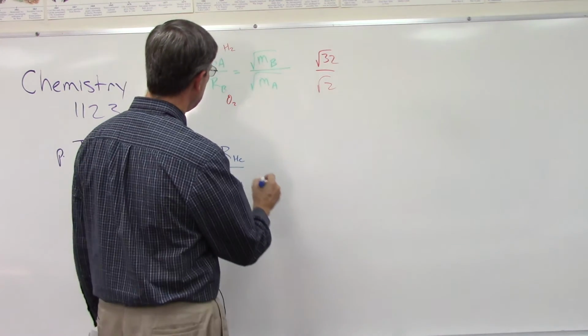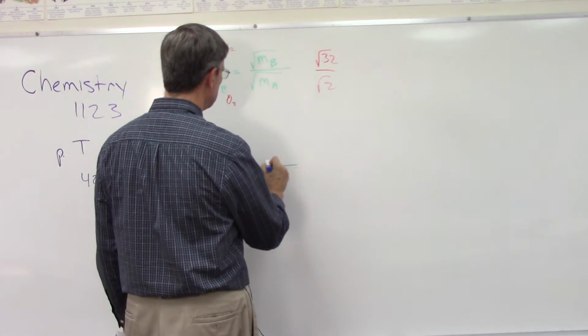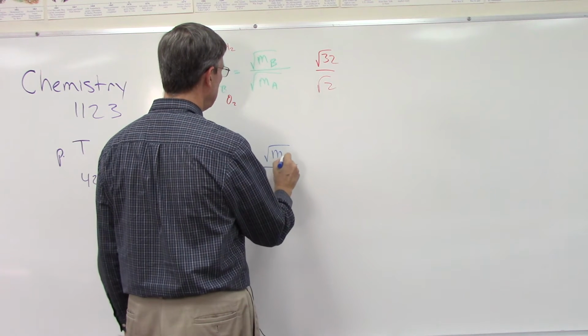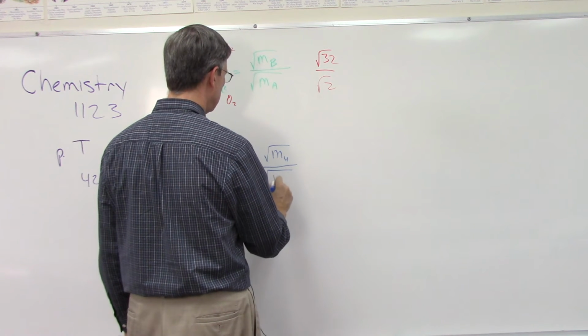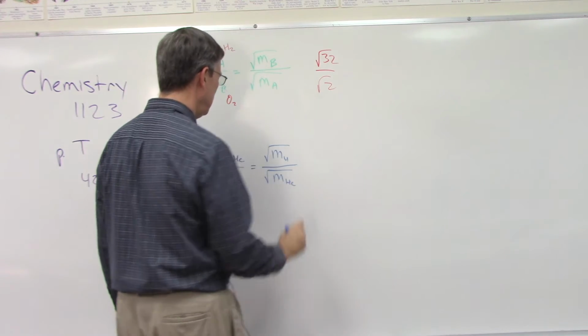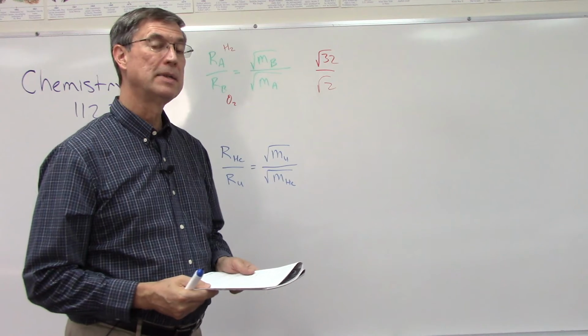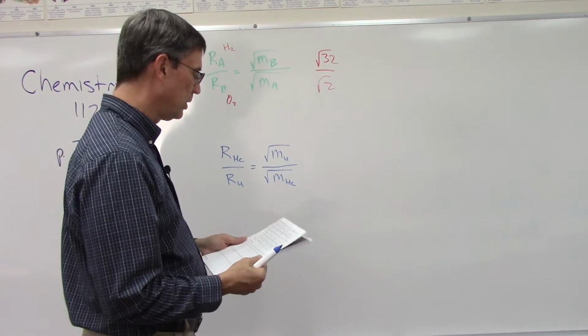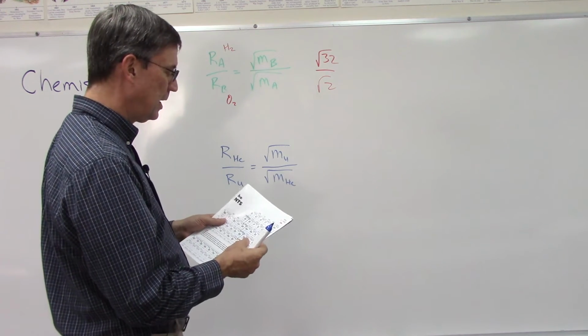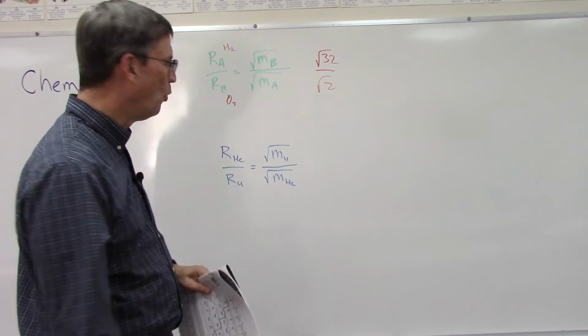All right? And we're going to say the mass of the unknown, and this is the mass of helium. Now the thing about helium is it's not a diatomic, okay? So we can just look at the periodic table and get the mass of that is 4.